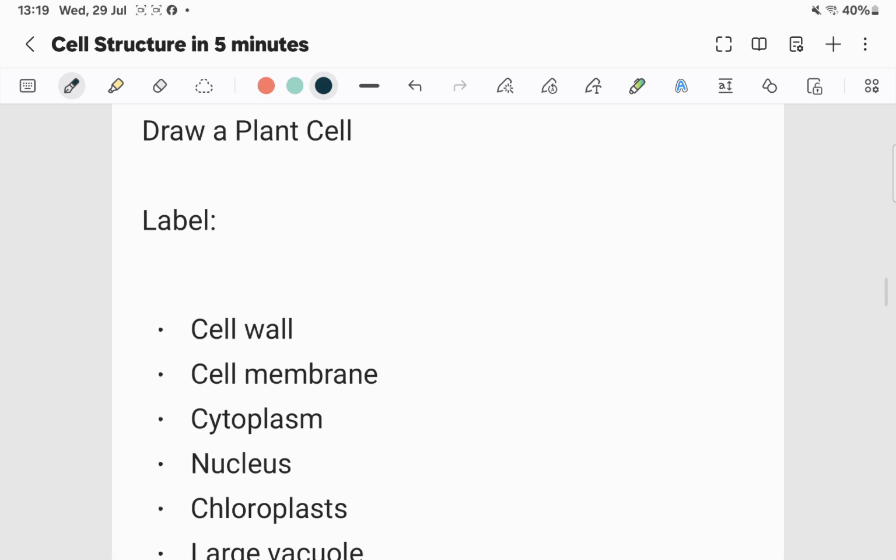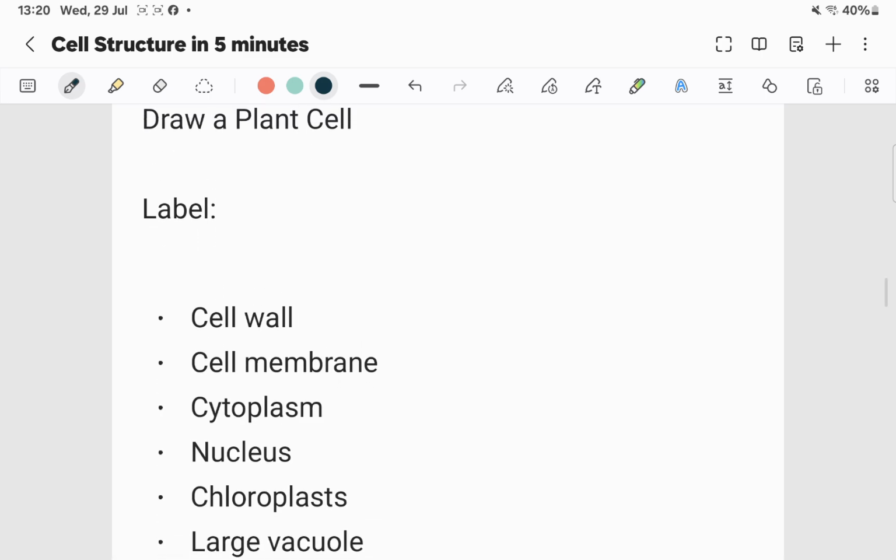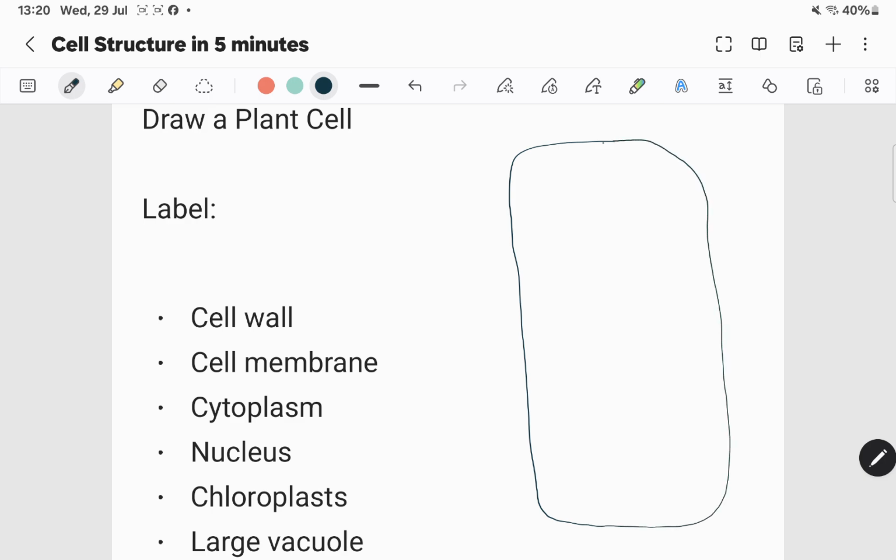You're also required to be able to draw a plant cell and label these structures. So a plant cell has a more regular shape than an animal cell. A plant cell also has a double membrane.